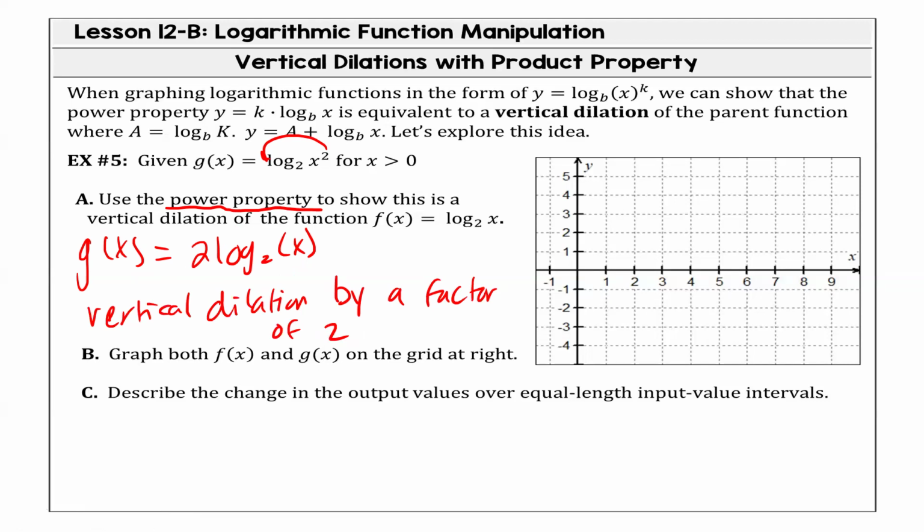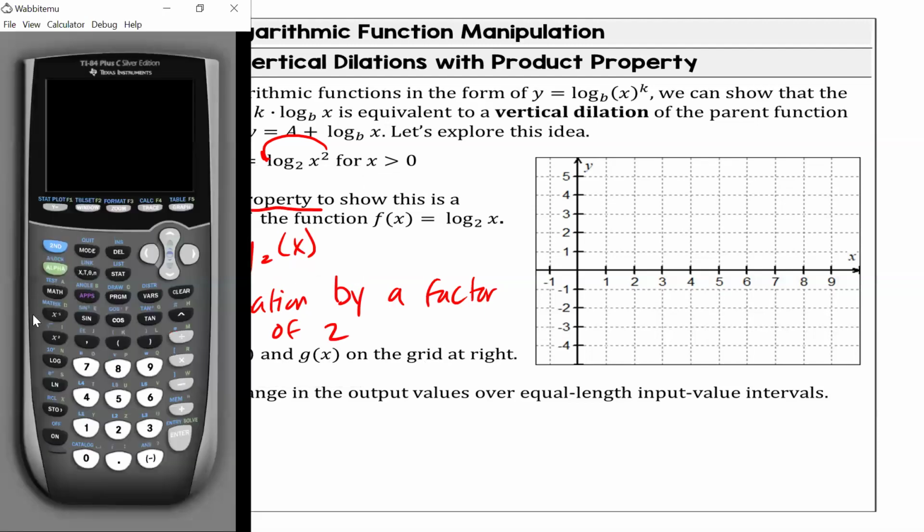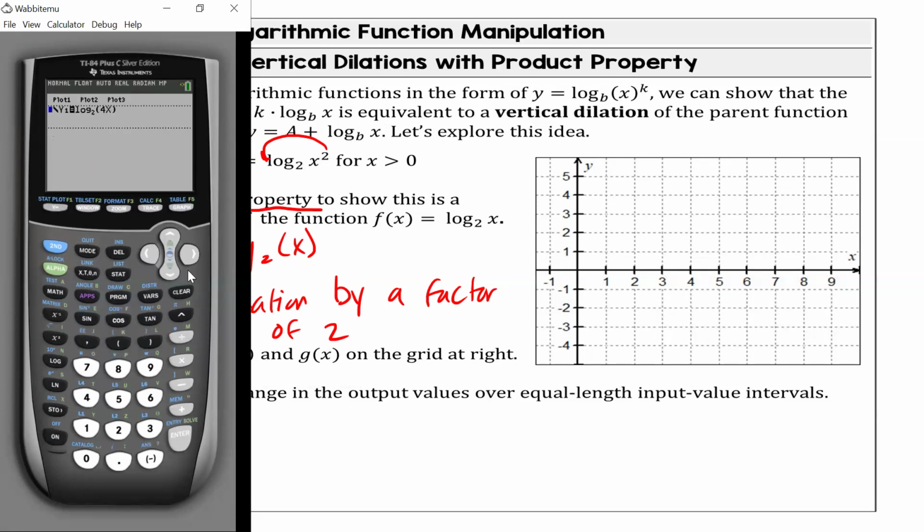So to prove that it's going to look like that, we're going to graph the parent function and then graph the dilation. It says graph both here. I already have the parent function graphed as my y2, so I'm going to change this.